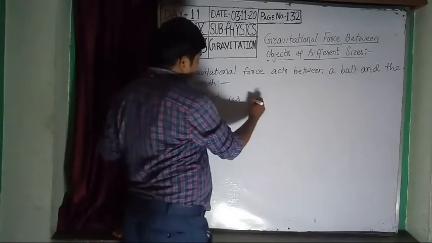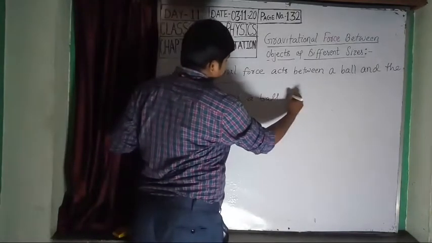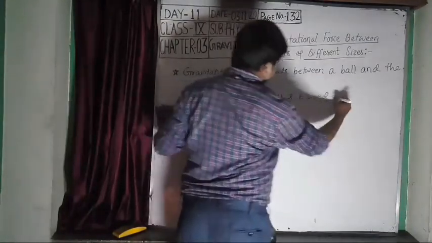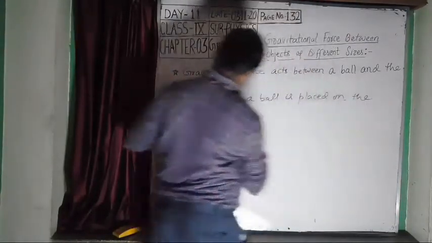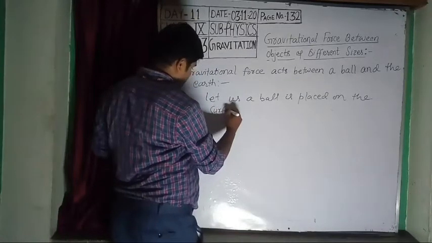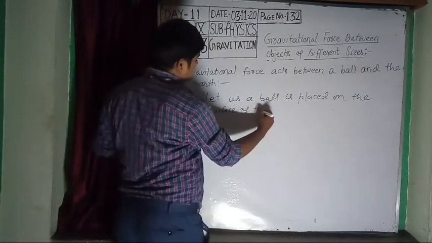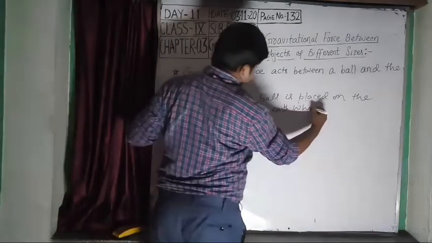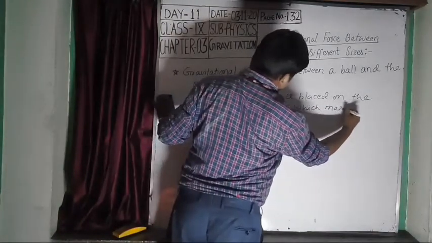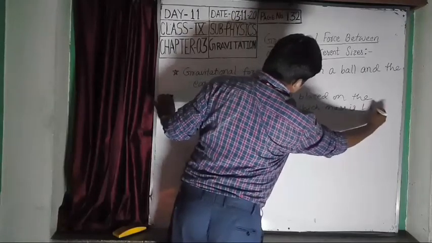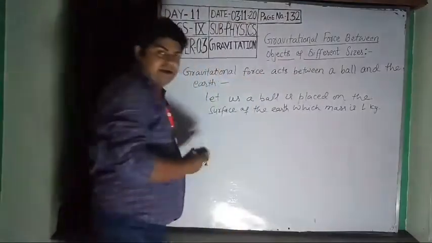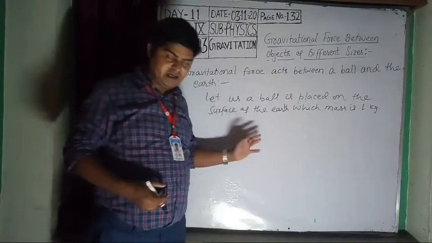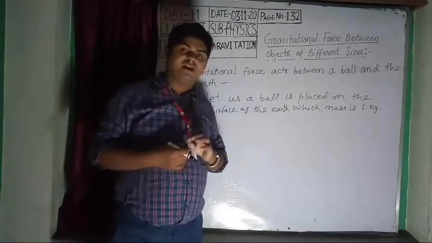Let a ball be placed on the surface of the earth, and its mass is 1 kg. Let us consider a ball placed on the surface of the earth whose mass is 1 kg.